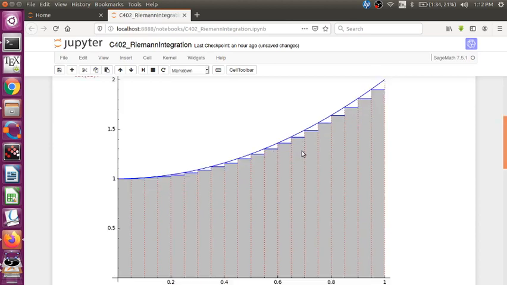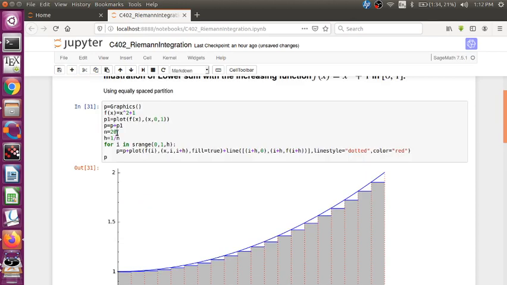As we increase the number of sub intervals, the sum of the areas of these rectangles and the area under this curve become close to each other. So here for n equal to 20 we have taken this. If you see the error, the difference between the area under the curve and area under the rectangles decreases.